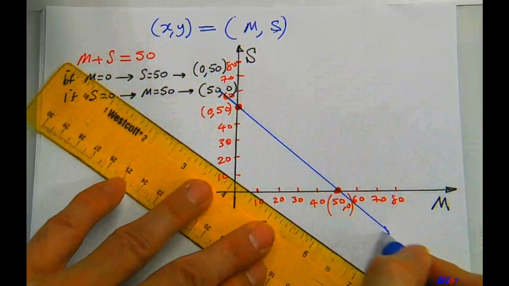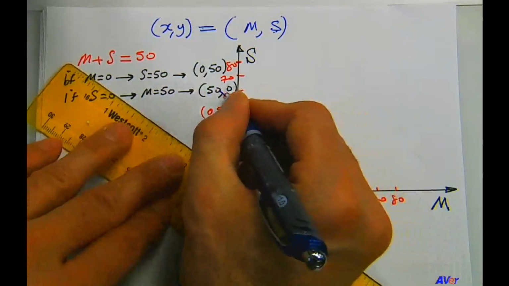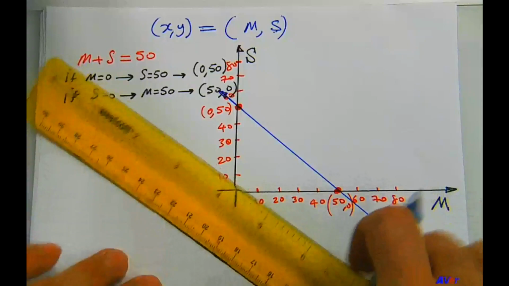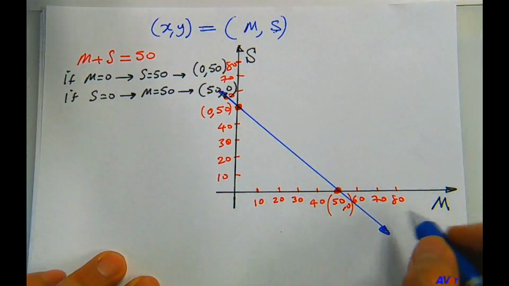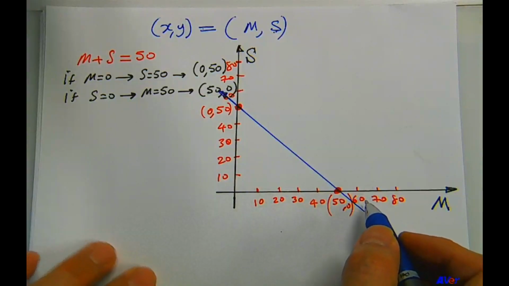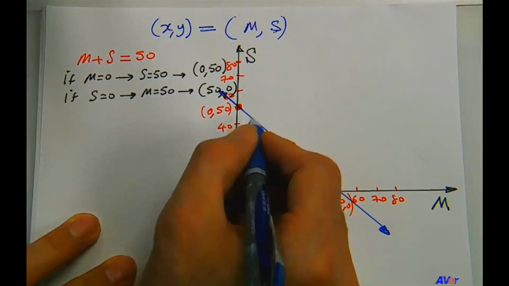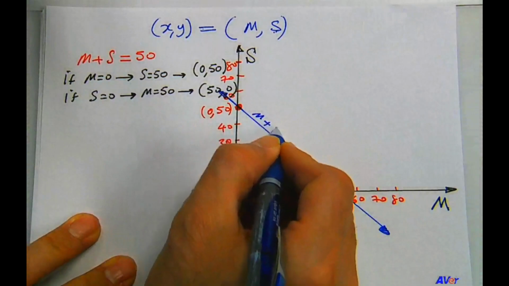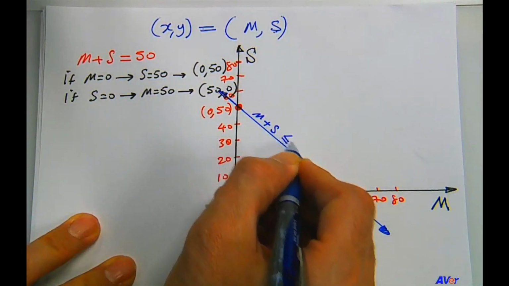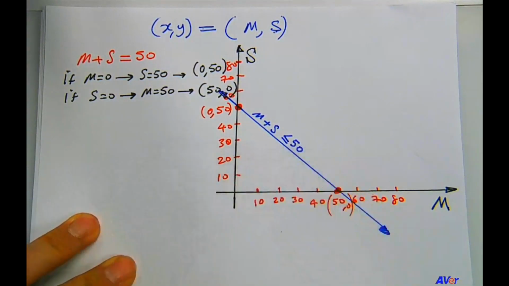And I'm going to write on top of this what inequality it is associated with, which is m plus s less than or equal to 50.